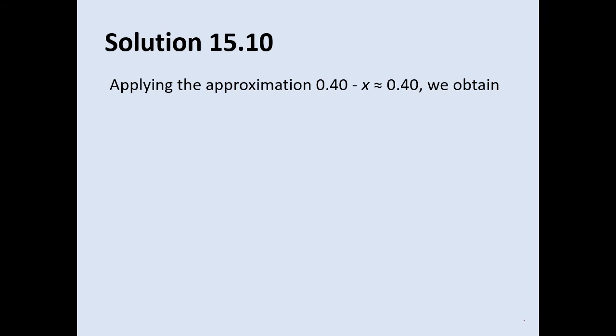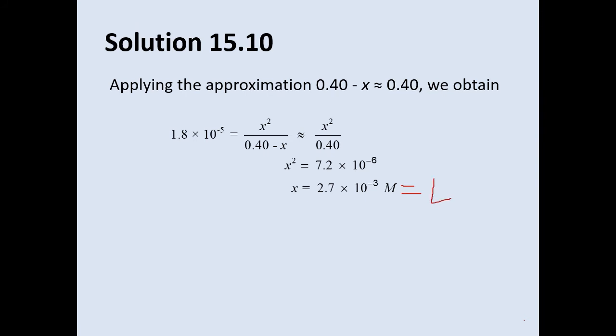From there, we find that X is about 2.7 times 10 negative 3. We considered X as the concentration of ammonium ion, and also the same for hydroxyl ion, because it is a 1:1 stoichiometric ratio.